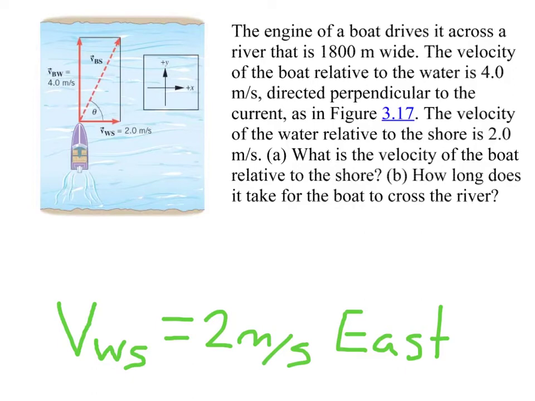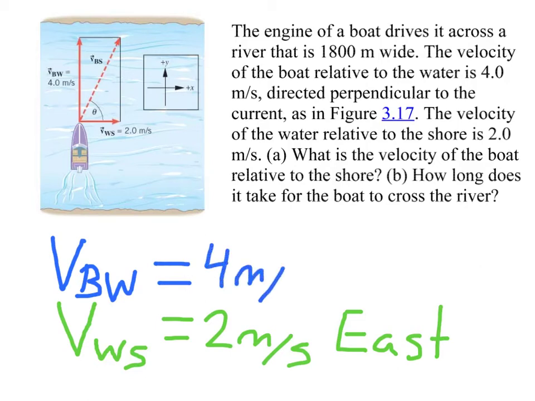Now the velocity of the boat relative to the water is 4 meters per second. We'll call it VBW equals 4 meters per second north.